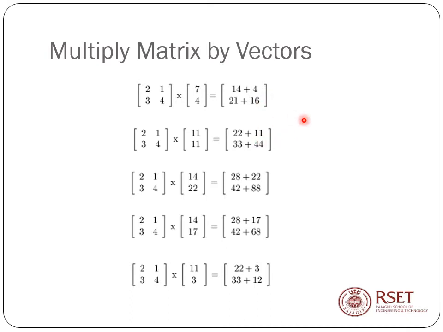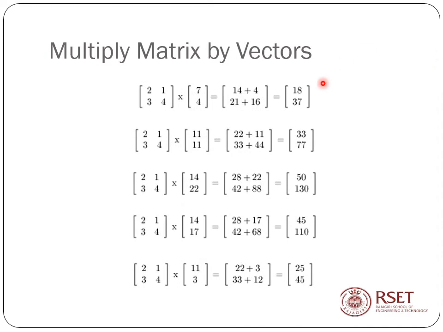It is a self-explanatory slide actually, so you can refresh your memories here itself. So you do a multiplication and you will get the answers like this: 18, 21 plus 16, 37. So you started with 7, 4, you multiply it with 2, 1, 3, 4 and you get a 2 by 1 ciphertext.